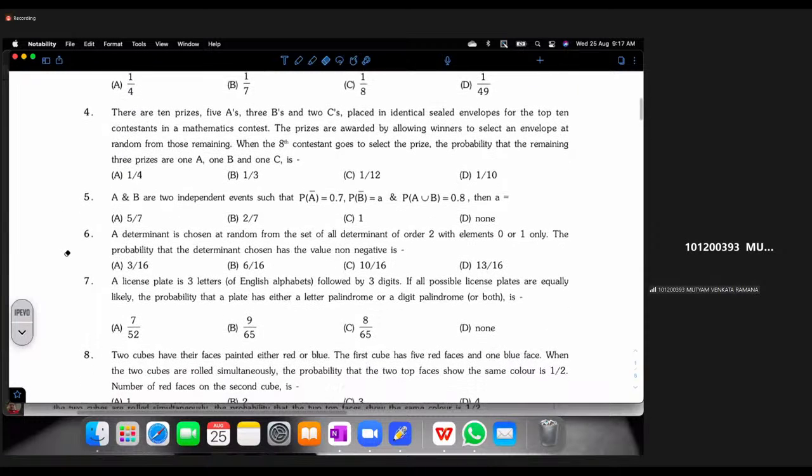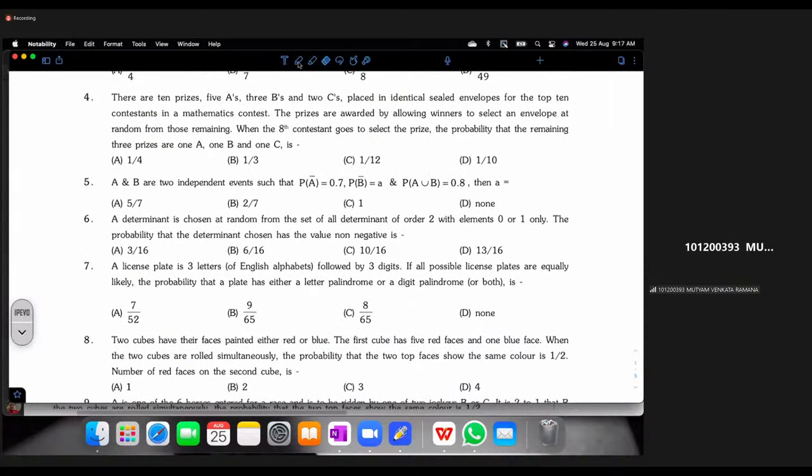Next one is: there are 10 prizes, 5 A's, 3 B's, 2 C's, placed in identical sealed envelopes for the top 10 contestants in the mathematics contest. The prizes are awarded by allowing winners to select an envelope at random from those remaining.